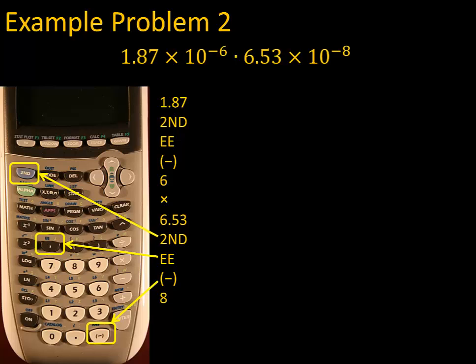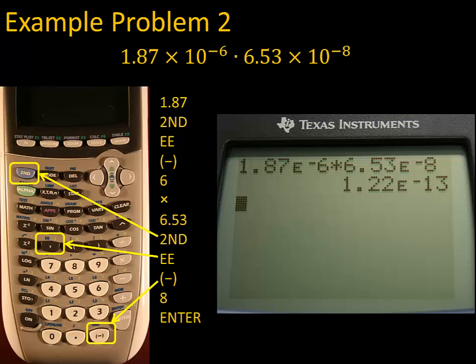The numbers are entered. We just have to do the calculation by pressing Enter. And you can see the calculator's version of the result here. If you write it out on an assignment or test, you should write it like this: 1.22 times 10 to the minus 13th.